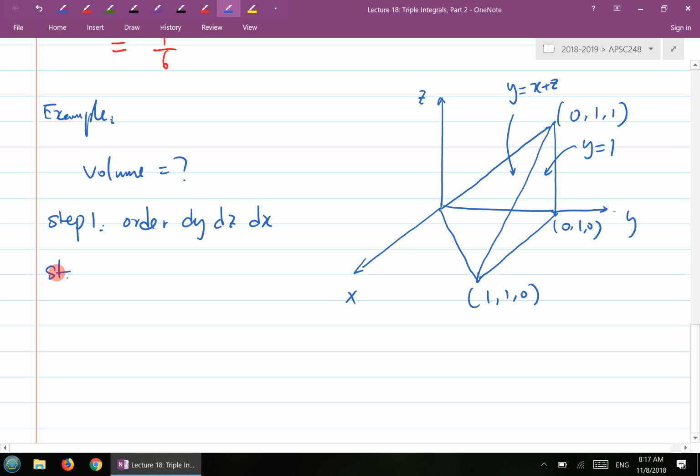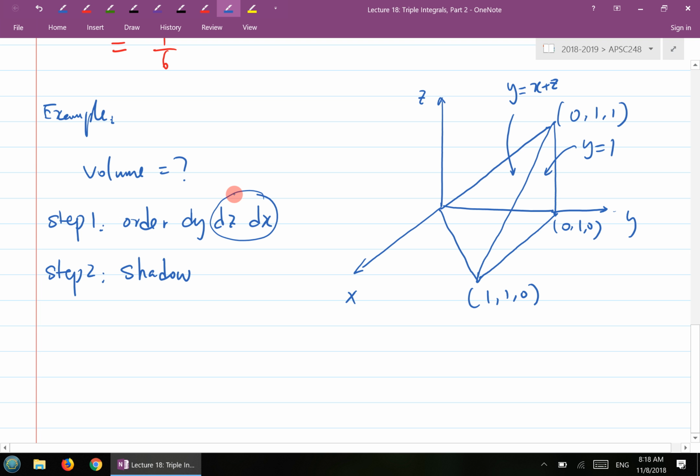If this is my order, then the second step, if you recall, is that we need to sketch the shadow in the last 2 variable plane. So basically in the xz plane. Project this whole thing into the xz plane, and that gives you the shadow.